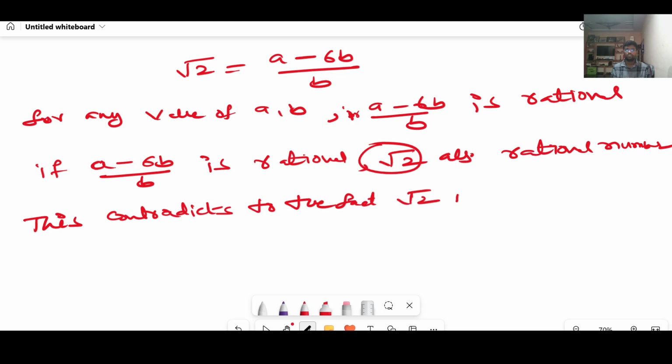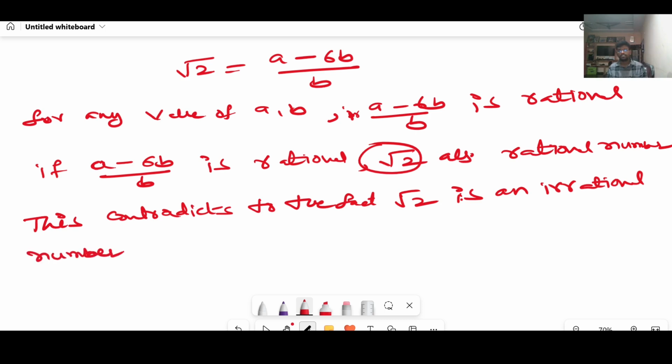This contradicts the fact that root 2 is an irrational number.